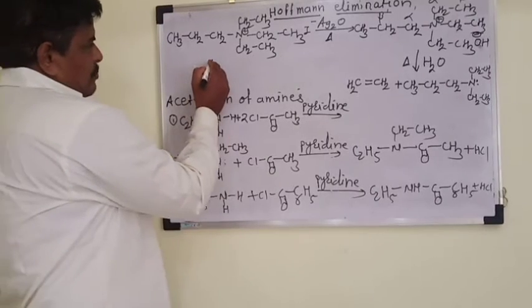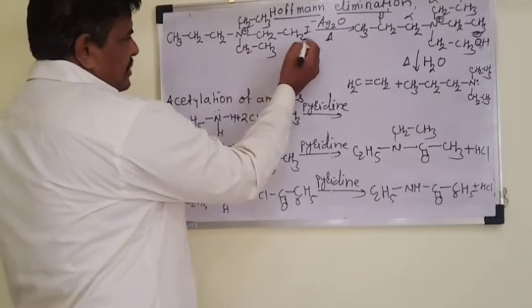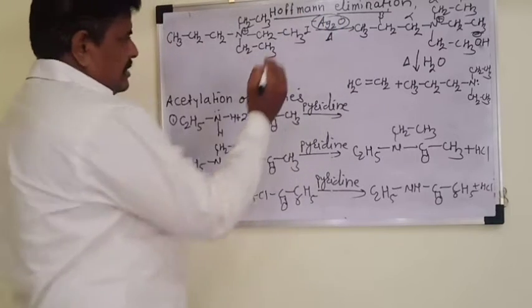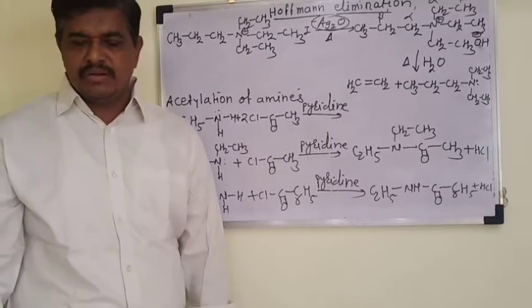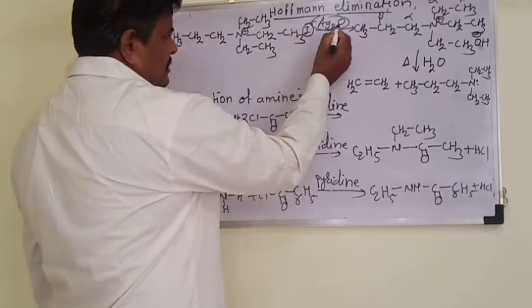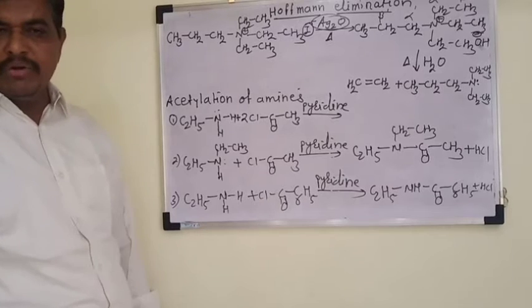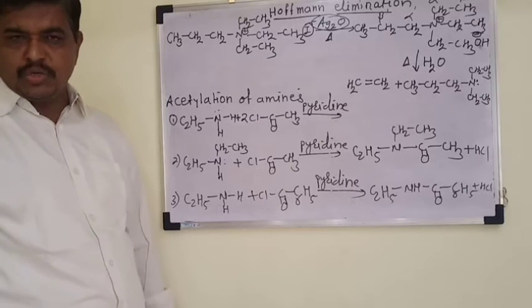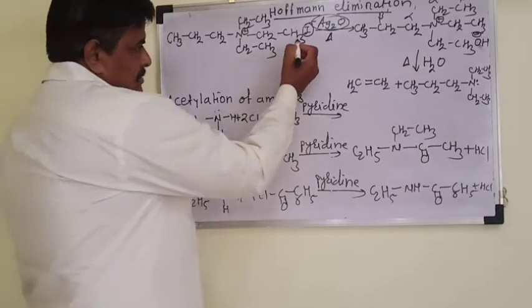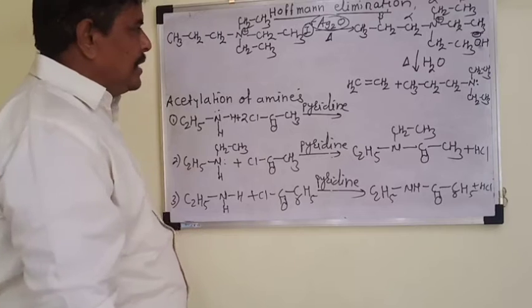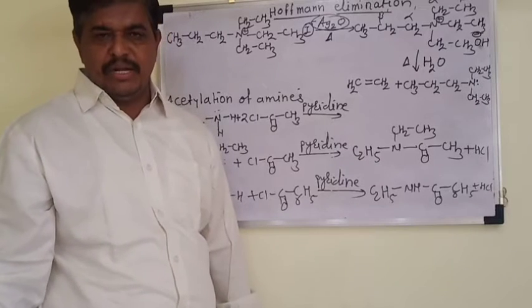When this triethyl propyl ammonium iodide is heated with moist silver oxide, the iodine is replaced by the OH group of AgOH. Then it forms triethyl propyl ammonium hydroxide.